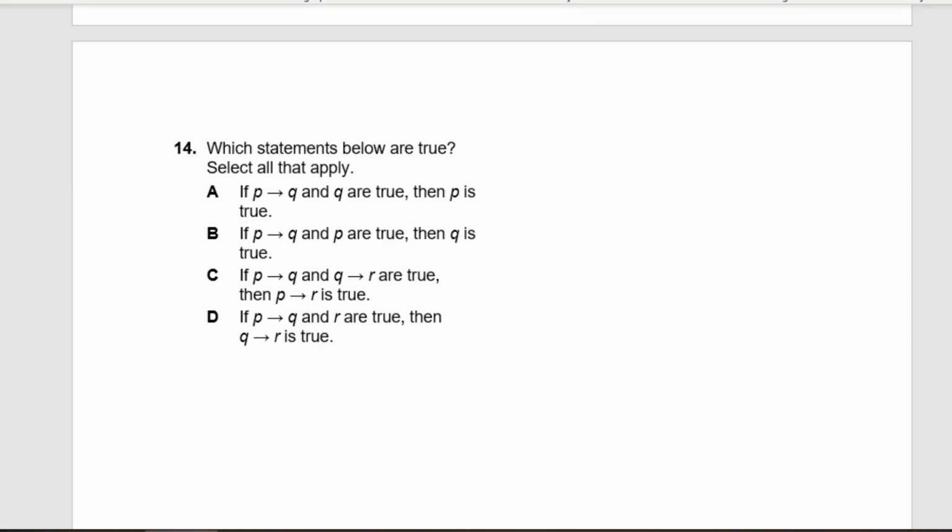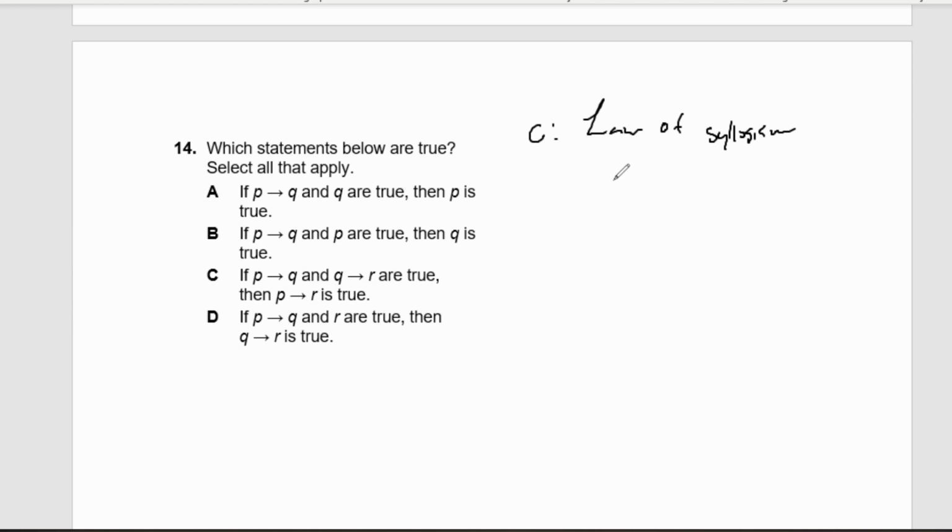I'm going to go on this one a little bit out of order. I want to start with C. And that's because we need to talk about our law of syllogism.